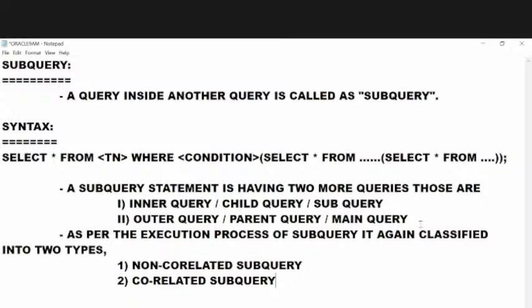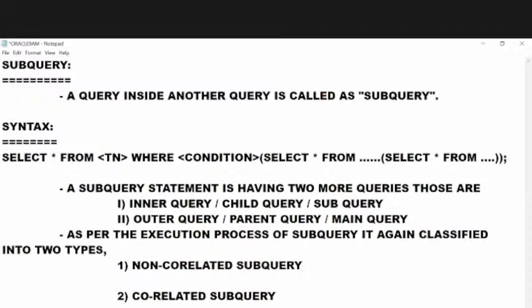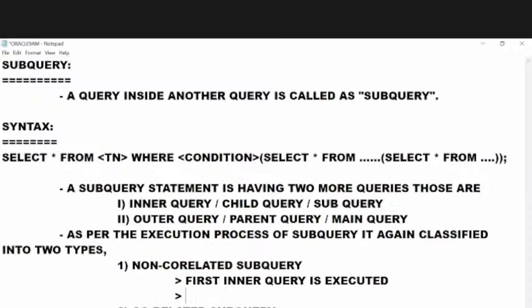Okay, so what non-correlated and correlated mean, observe here. In non-correlated, first the inner query will execute, and later the outer query will execute.